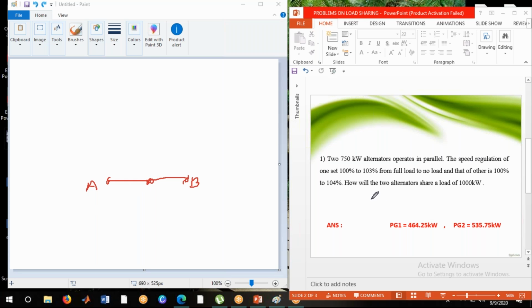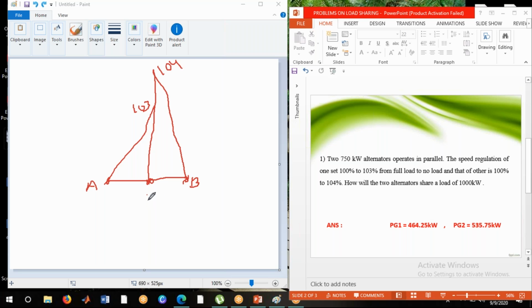Here one alternator has a drooping of 3% and the other has 4%. Let me take generator A with a drooping of 103%, and generator B with a drooping of 4%, so 104%.